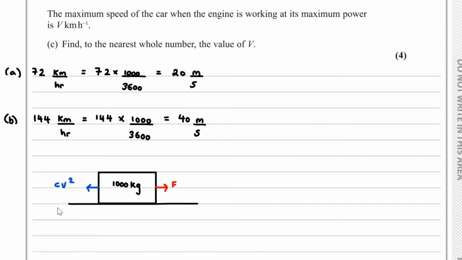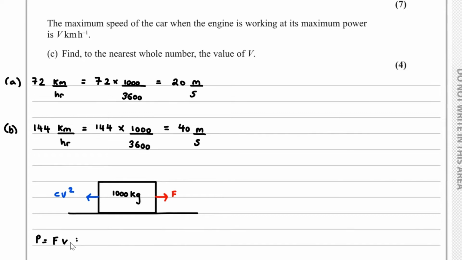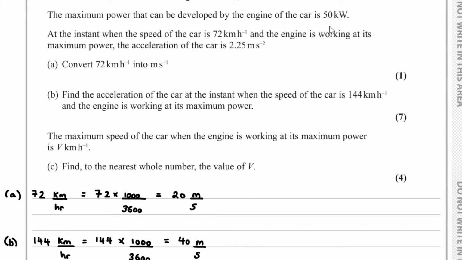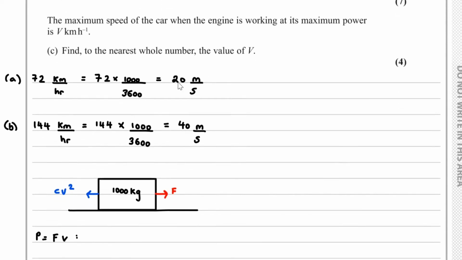Now, we know over here that power is equal to force multiplied by the velocity. So with this, we've got the power, which we were told is 50 kilowatts, and of course this is the maximum power.